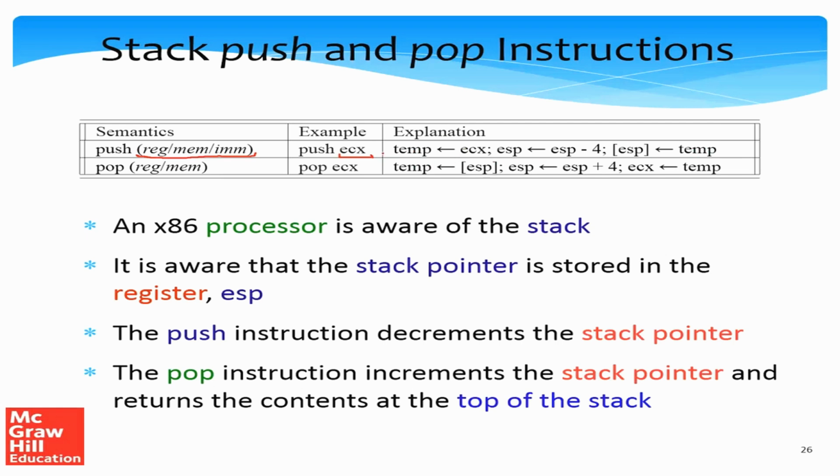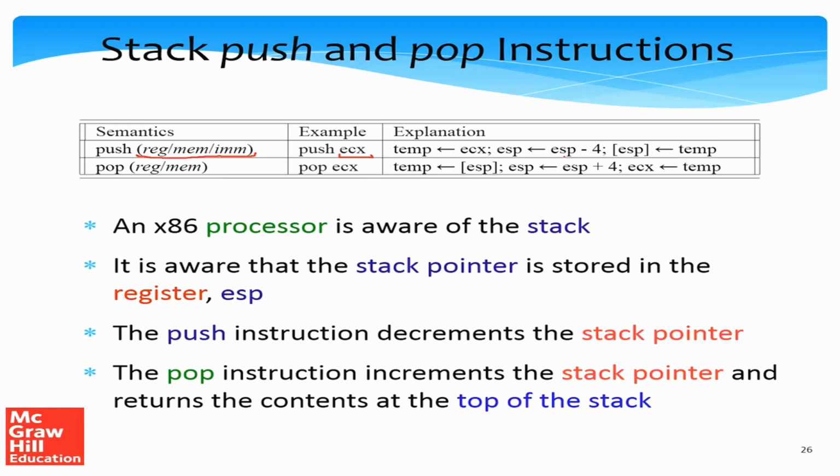This is exactly what the processor would do. Given that this is a CISC instruction set, a single instruction can do a lot. A single instruction can do the same as 4 or 5 equivalent RISC instructions, maybe sometimes even more. So first we read the value of ECX and put it in a temp value.